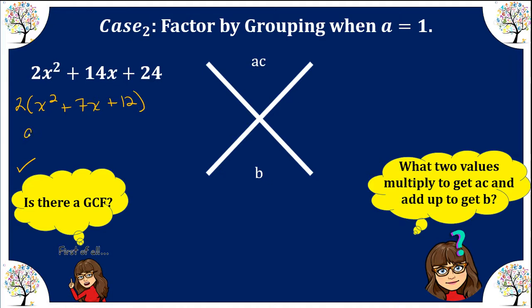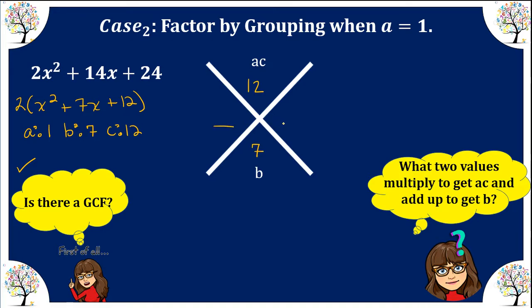Now let's identify our new A to be 1, our new B is 7, and our C is 12. So in our graphic organizer, 1 times 12 is 12, and our middle term is 7.